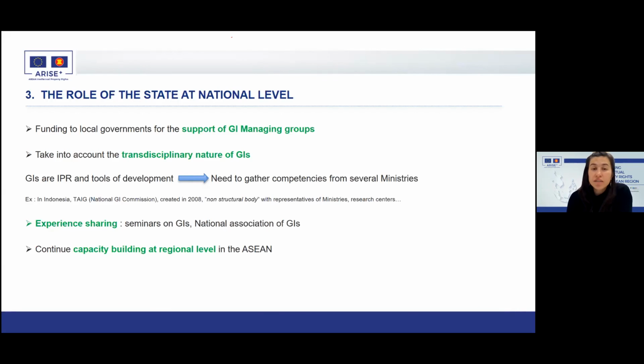So at the national level, the recommendation to the authorities is to continue seminars and maybe also to create a national association of GIs to gather the leaders of GIs once a year or every 2 years. It's also important to share experiences. And of course, to continue capacity building at regional level in the ASEAN. It's very, very important. So I'm sure it's very valuable to continue that.